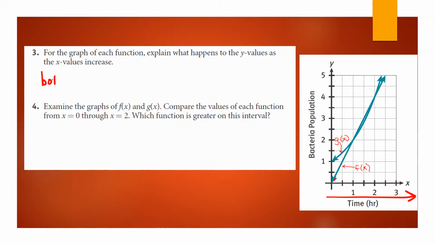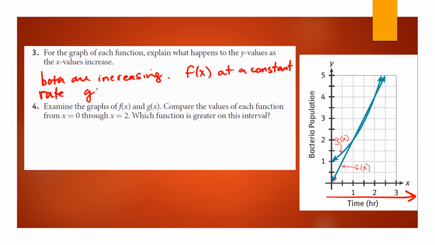So both are increasing in different ways, right? f of x is at a constant rate of 2. And g of x by a factor, right? A common ratio, which is a factor, something you multiply by, a factor of 2.